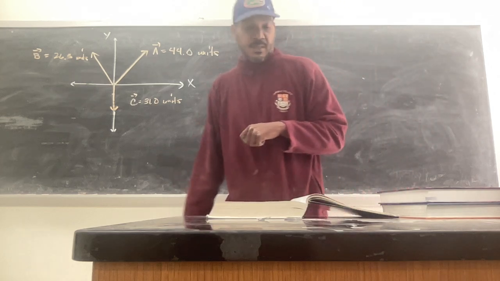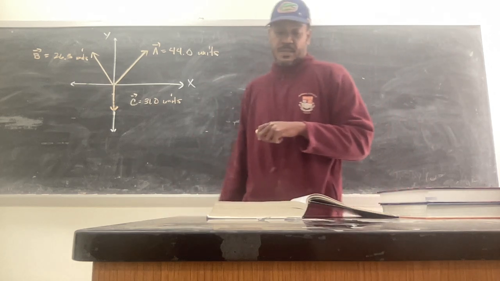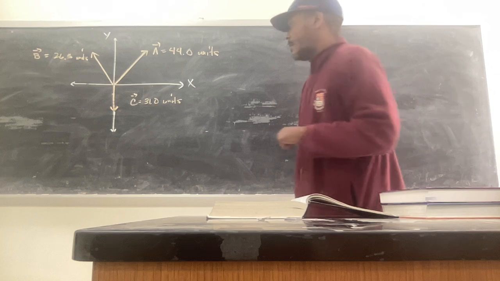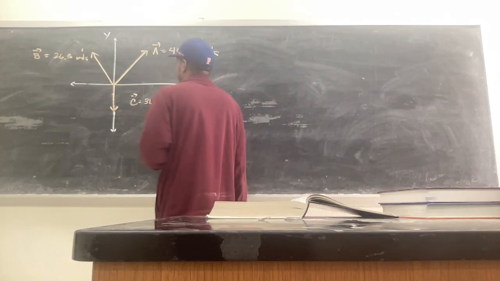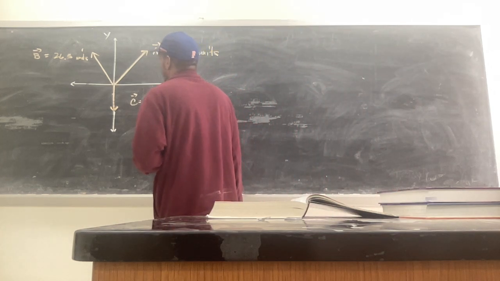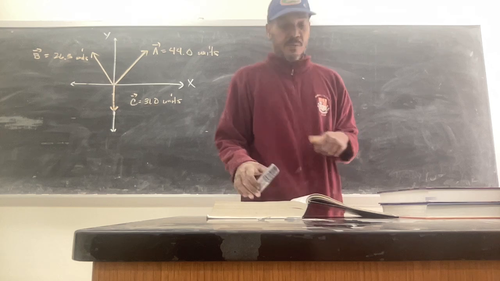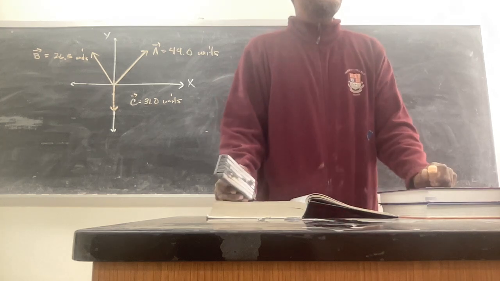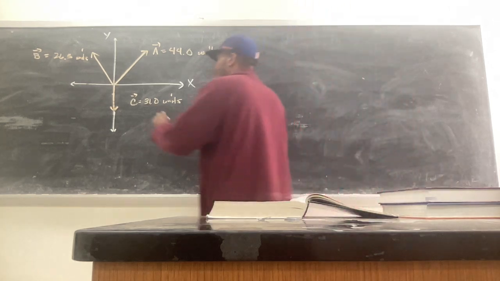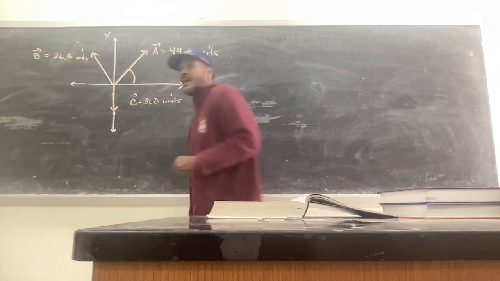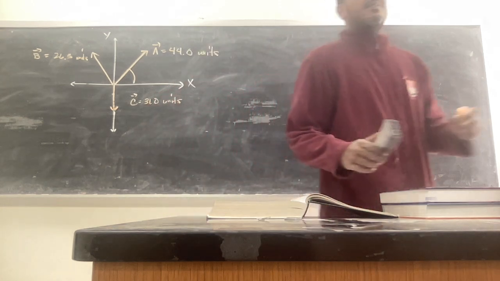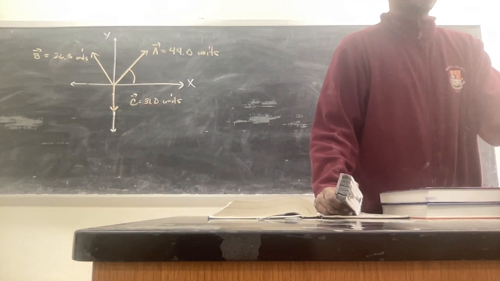So the vector A points in a direction which is 28 degrees with respect to the positive x-axis. Tell me when you lose me.